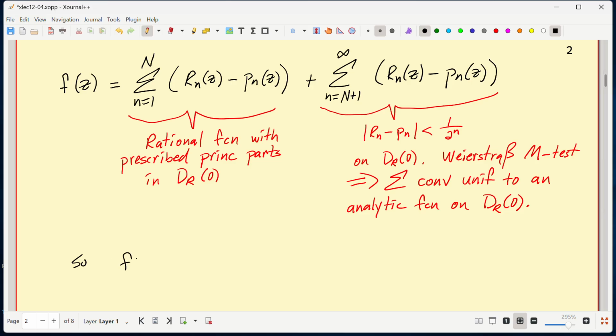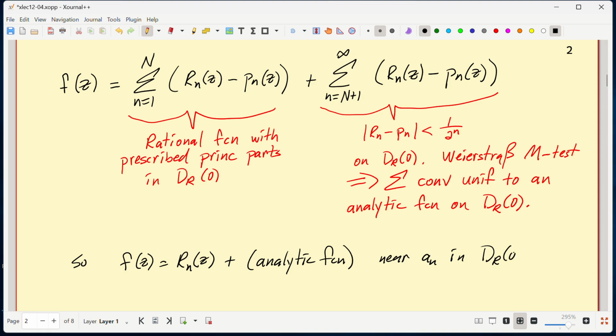So f of z would be equal to Rn of z plus an analytic function near an in the disk. Of course, r could be made arbitrarily large, so that's true for all of them.